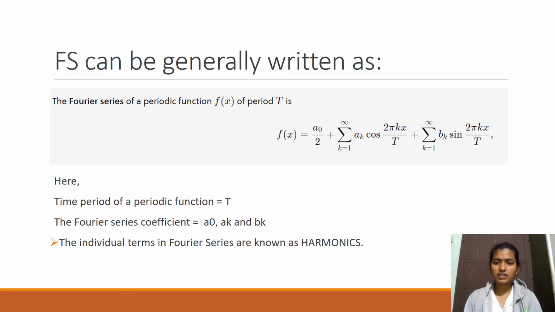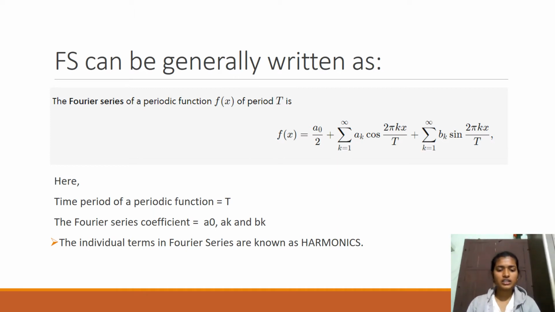Here capital T is the time period of the periodic function, and a naught, a_k and b_k are the Fourier series coefficients. The individual terms in the Fourier series are known as harmonics. If we give different values of k, we get different terms, and these different terms are called harmonics.